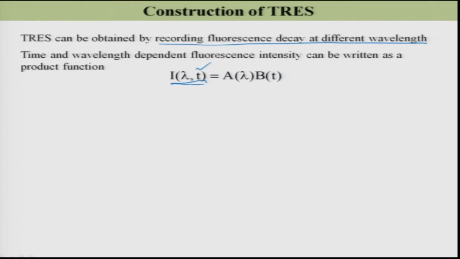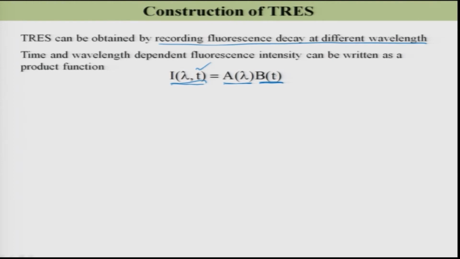So, here we can say that this I, which is a function of lambda and t, can be written as a lambda and b t. A quantity which depends only on the lambda, this is my Stokes part, and this is my natural lifetime part, which is a lambda into b t.